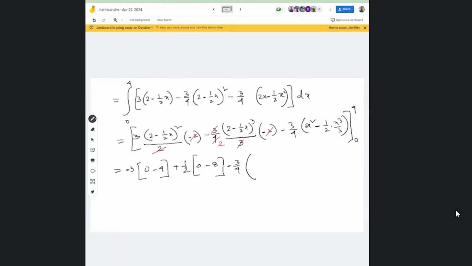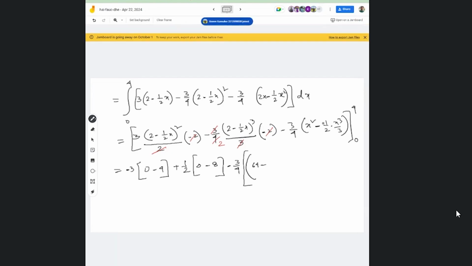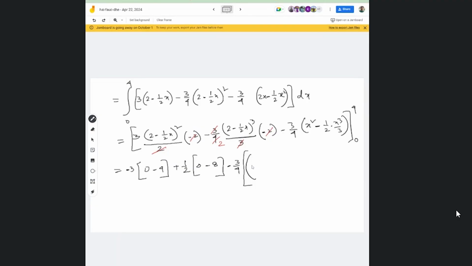So what we are doing here is 4 square, the upper limit: 4 square means 16, minus 64 over 6, which is 32 by 3 basically. 32 by 3 after putting the upper limit, and after putting the lower limit everything will be 0 minus 0.